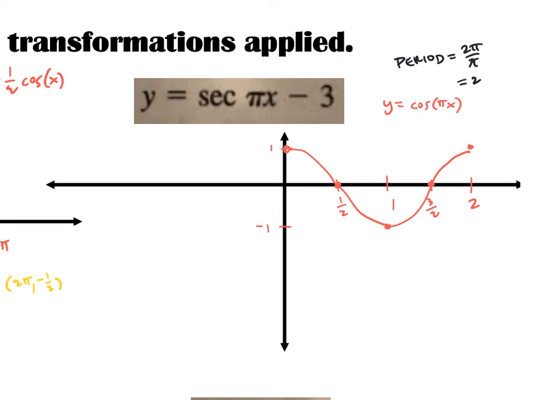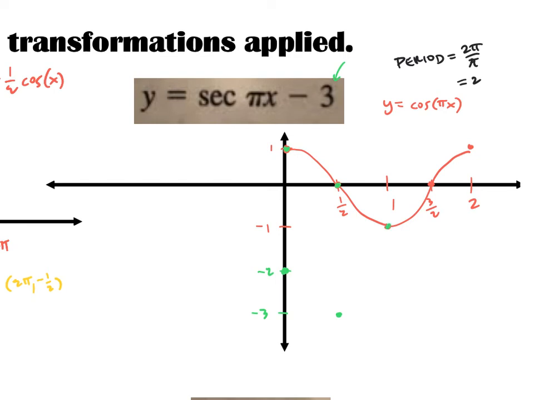All right, now I'm going to shift it down 3 units. So this point right here will go from 1 down to negative 2. All right, I'll try to do this proportionally, make it look nice. So this is going to go from 0 down to negative 3. So our baseline went from 0 down to negative 3, which makes sense, right? Shift down 3 units, perfect.